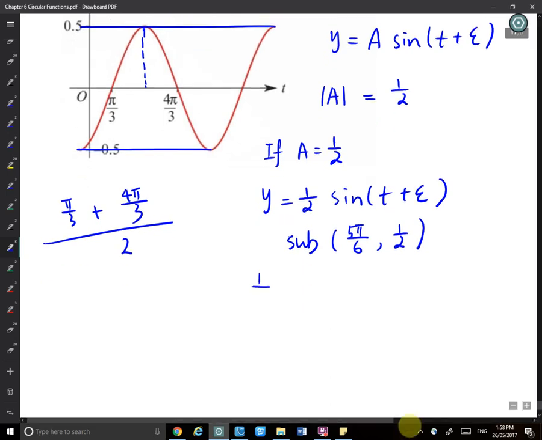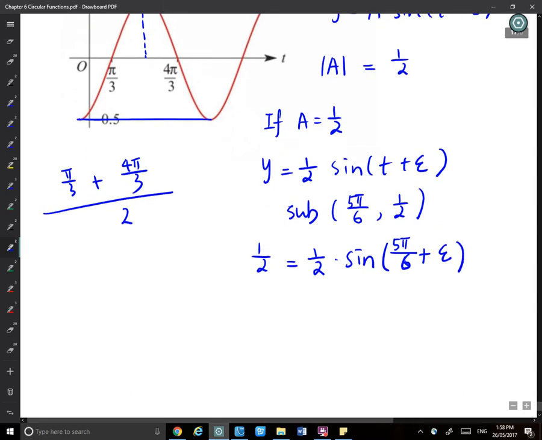So a half equals a half times sine bracket t plus, t is 5 pi over 6, plus that. So 1 equals sine 5 pi over 6 plus that.